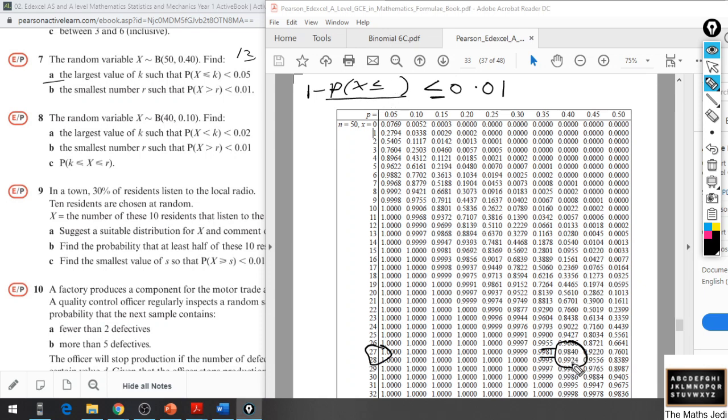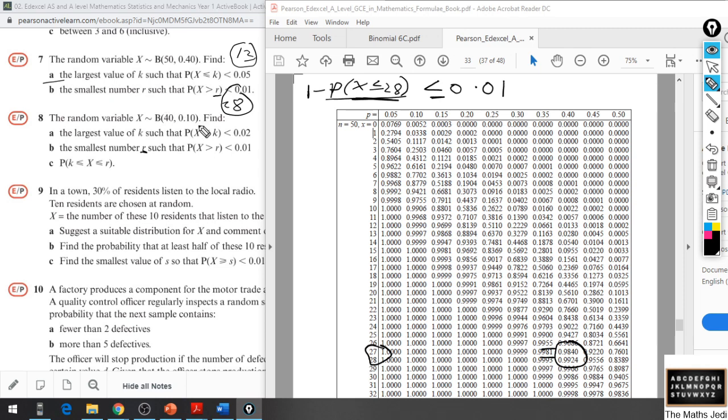And the only one that's more than 0.99 is this one, 0.9924. So it's 28 that will go in here. And so 28 is the smallest number r. Oh, sorry, this one, 28. So the first one, 13, second one, 28.